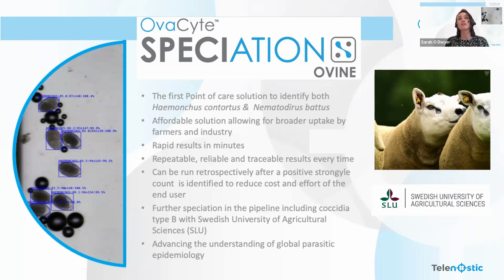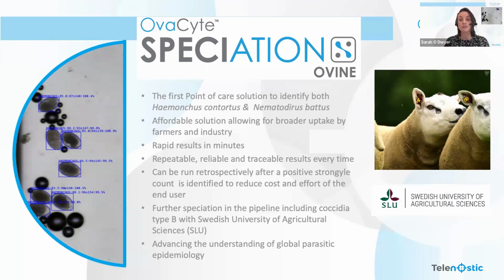So what that means is that you can run a scan on your sheep. And then if you think that the egg count is high or you're worried, you can then retrospectively hit speciation, be that at the same time, be it an hour later, be it a day later. So even if you have the sample thrown in the bin, you can actually go on and speciate retrospectively. And at the moment, we're also looking at coccidia.